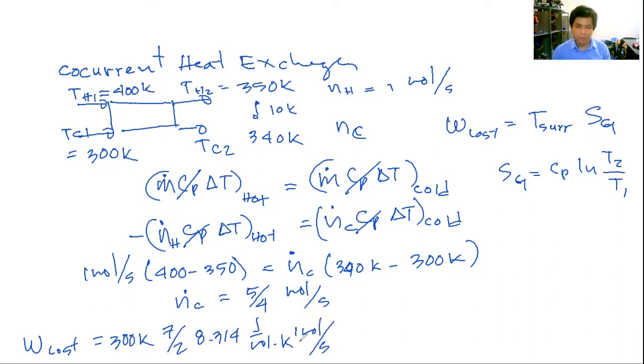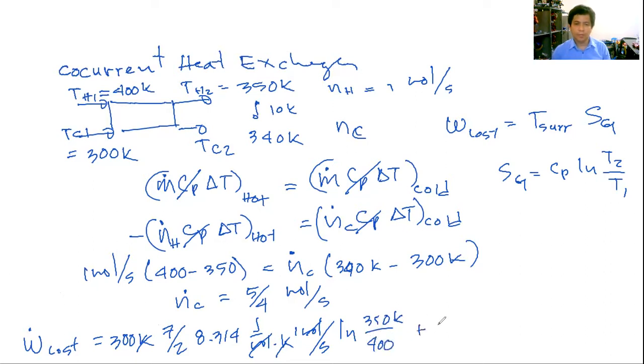Okay? So, kita nyo ito, magka-cancel out yung mole, magka-cancel out yung Kelvin. So, actually, ang makakalculate natin dito is W dot loss, yung rate ng work. So, Cp, ln, tapos ang final temperature ng hot natin ay 350 K, tapos divided by 400 Kelvin.